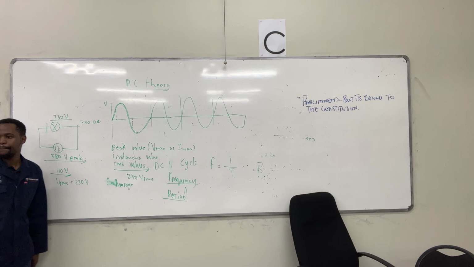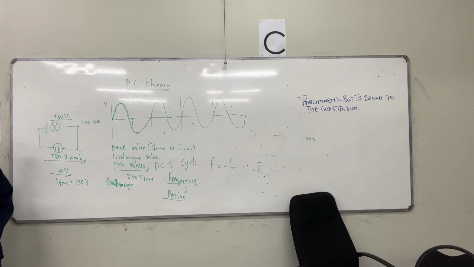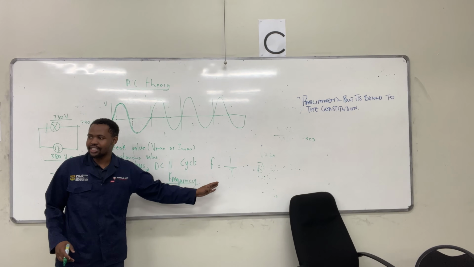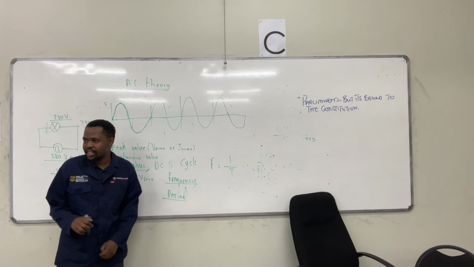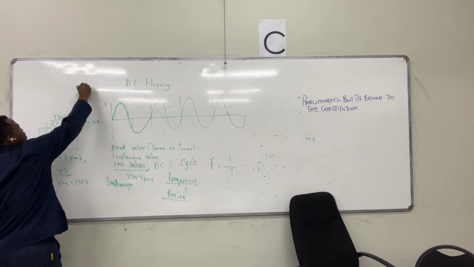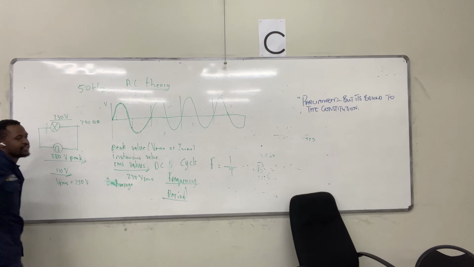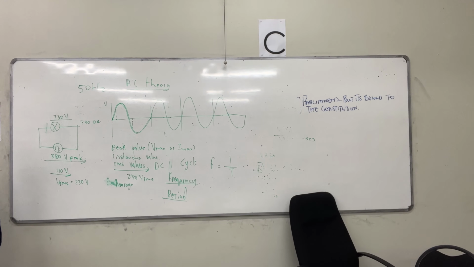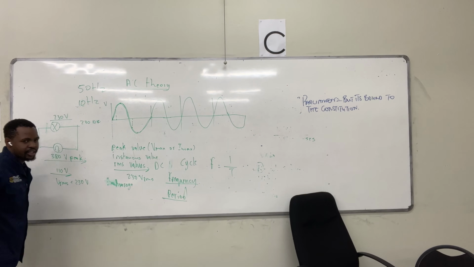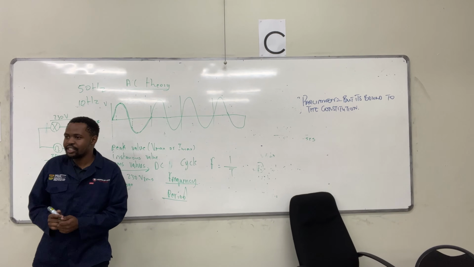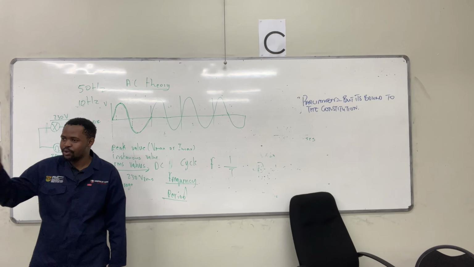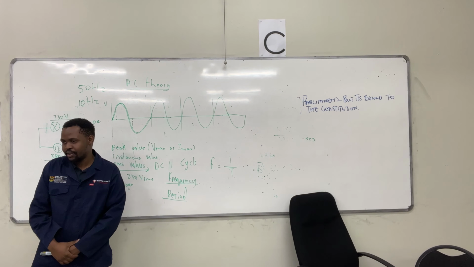Meaning if the period increases, the frequency decreases, because it takes longer to complete one cycle. Our standard frequency in this country is 50 hertz. If we were to drop the frequency to, let's say, 10 hertz, your incandescent light, you would see it flickering on and off.